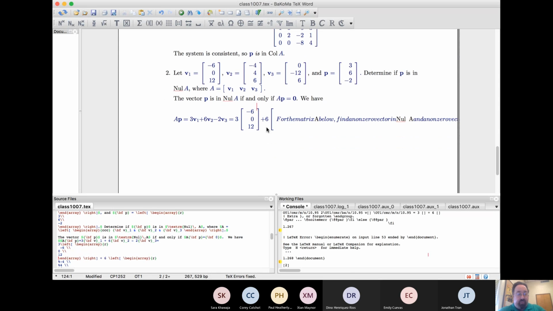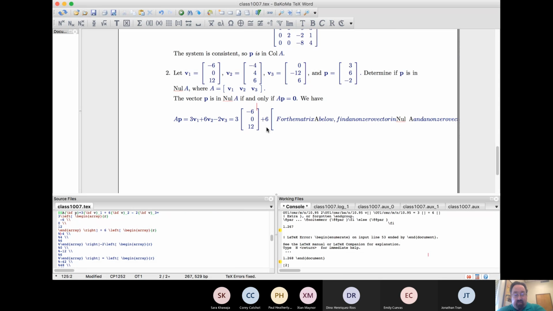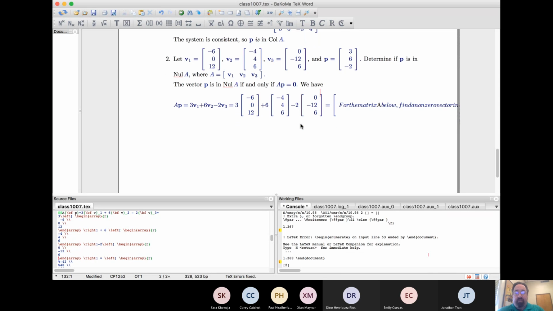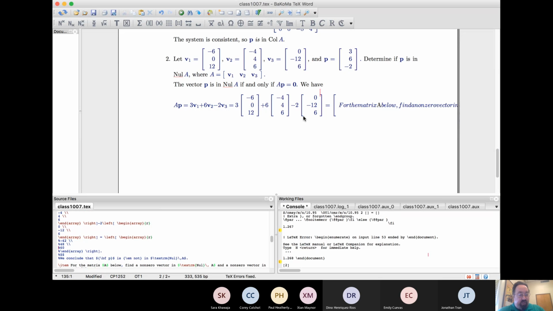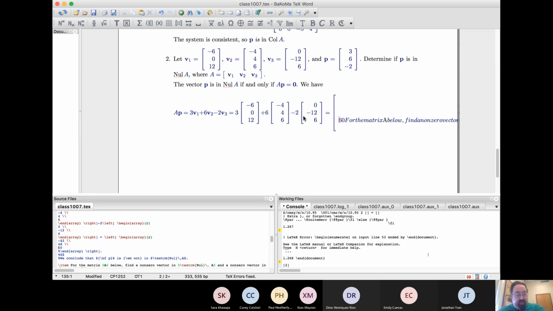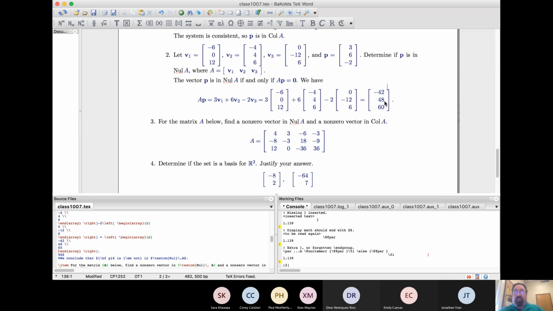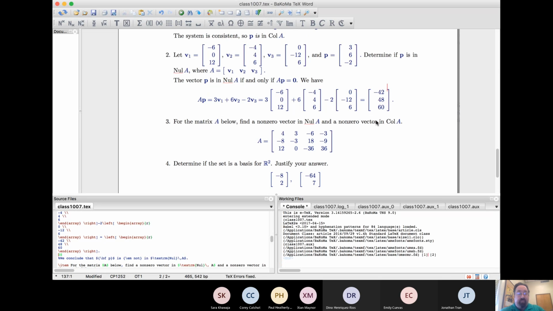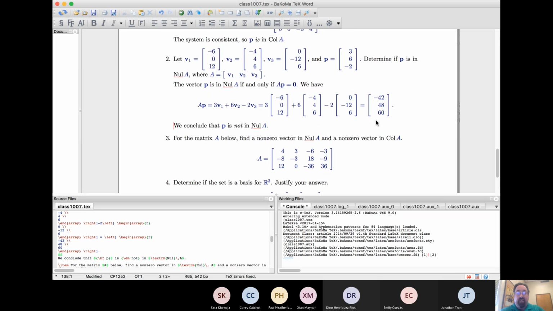There's 3 times the first column, and then 6 times the second column, plus or minus 2 times the third column, and then we work out what that is in the end, and we get this vector, which is definitely not the 0 vector.